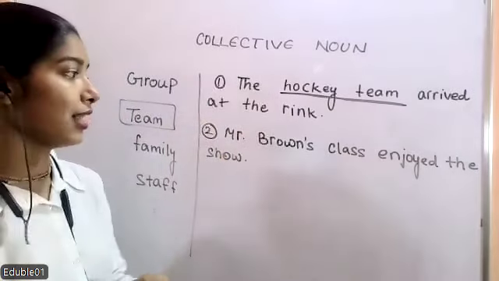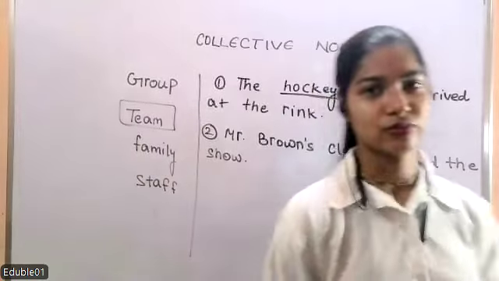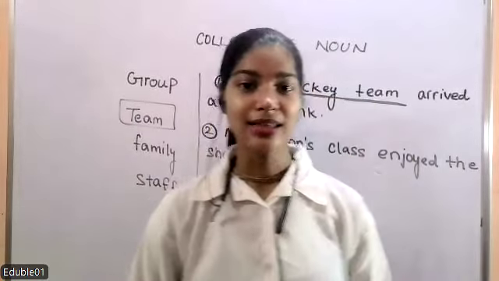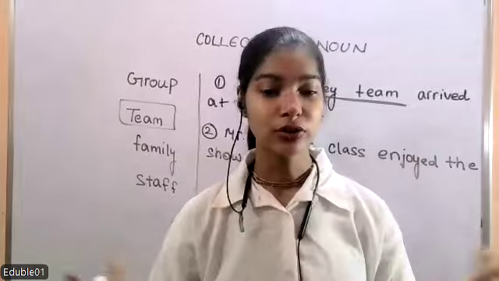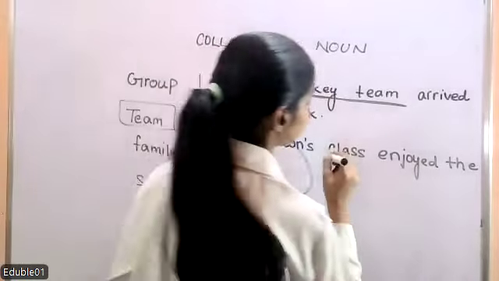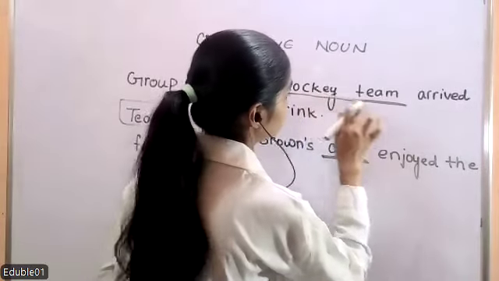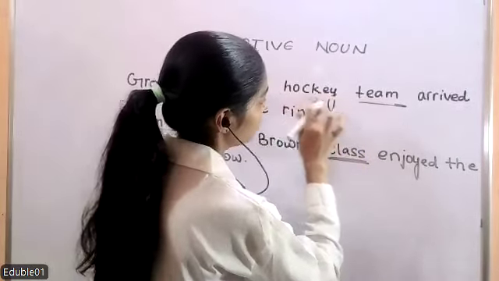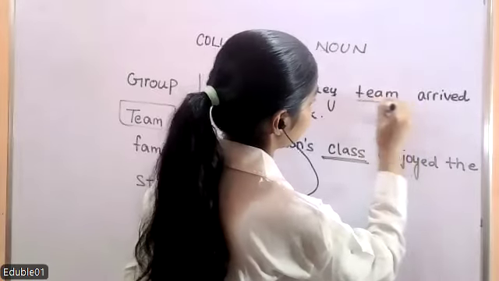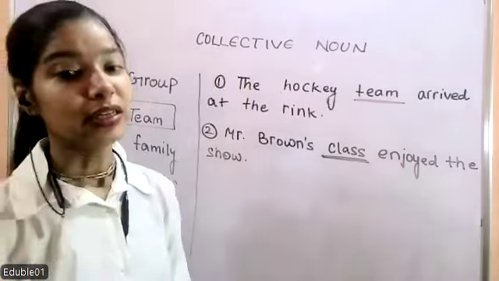So Mr. Brown's class means that class doesn't mean only one student, right? When we are saying a class, it consists of a lot of students. So Mr. Brown's class is a collective noun. Right here, just like we have team as a collective noun, here class is a collective noun.